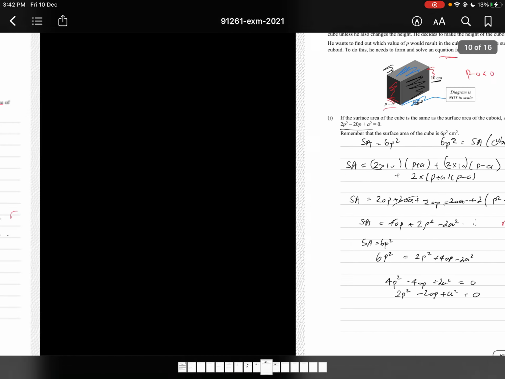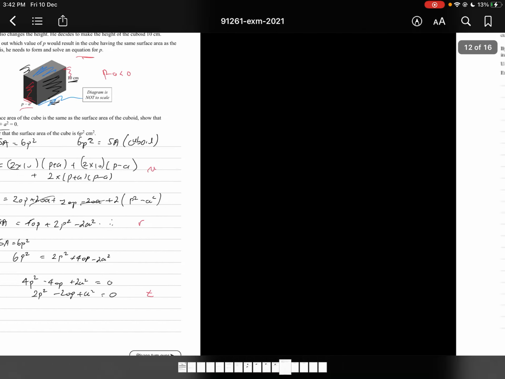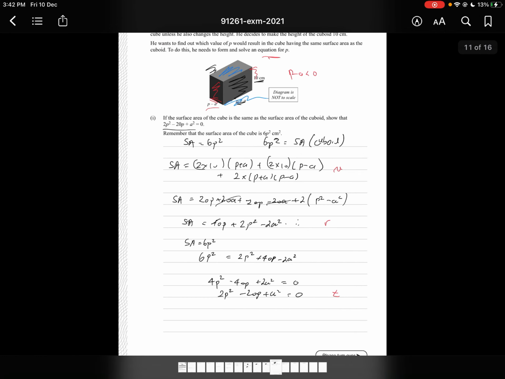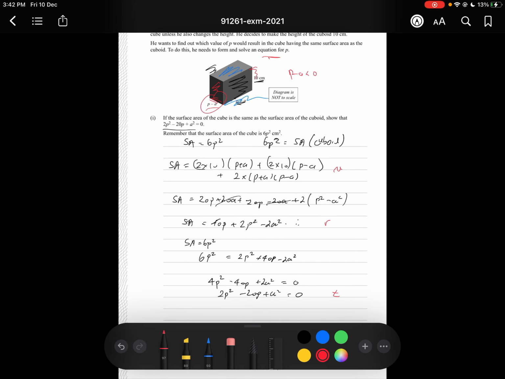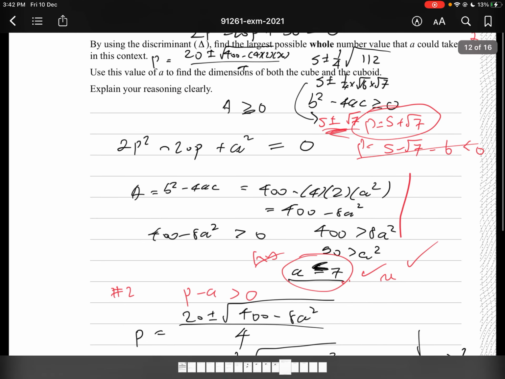Right, so that was a pretty challenging paper in my opinion, especially that last question. There was a little bit of abstract thinking that needed to go on, especially with this side. A lot of people commented that they forgot about that second condition.